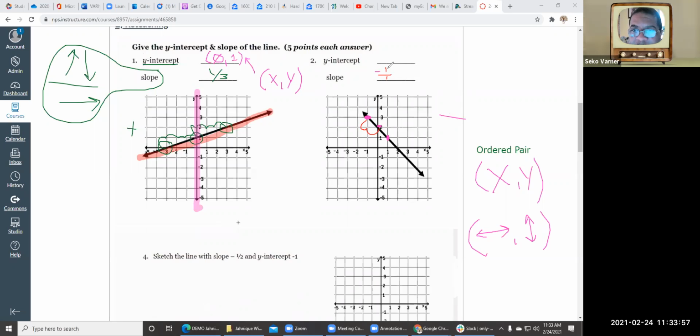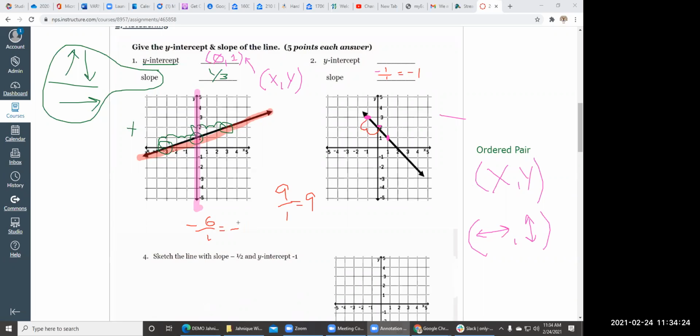And anytime that you have a number over a 1, it equals just that number. So if you had 9 over 1, that equals 9. If you had negative 6 over 1, that's negative 6. Does that make sense?